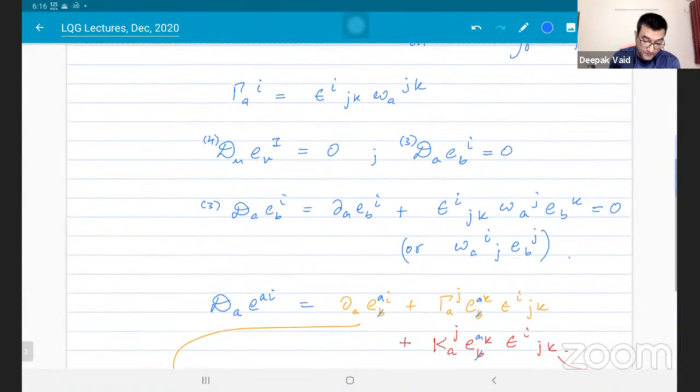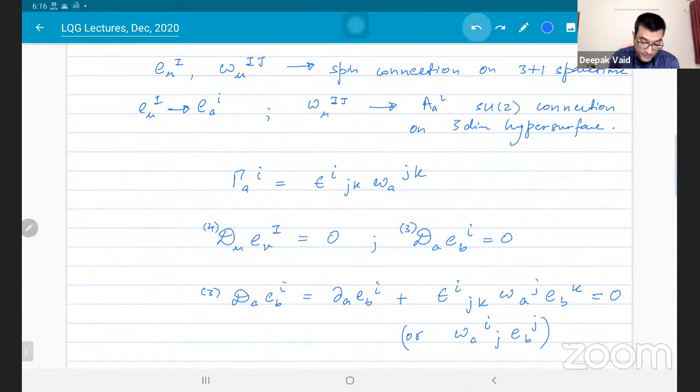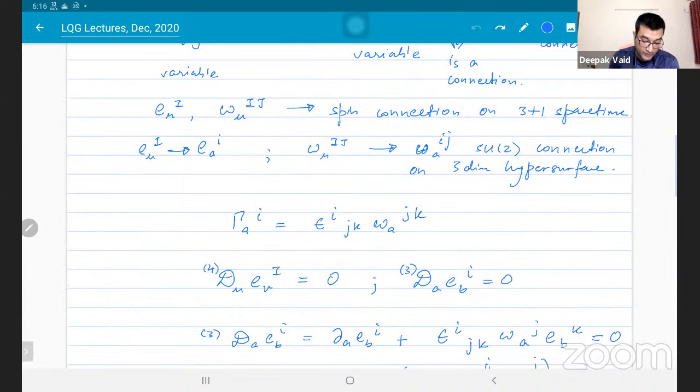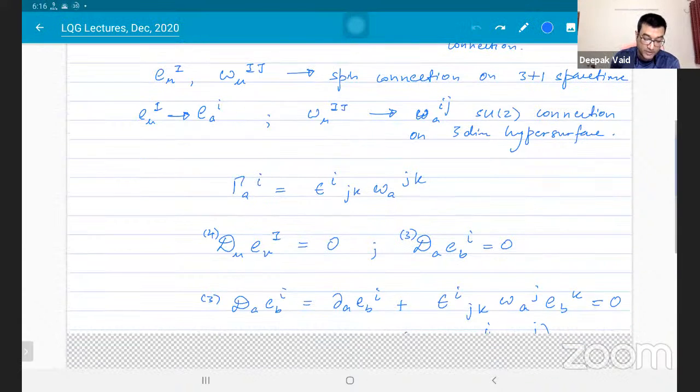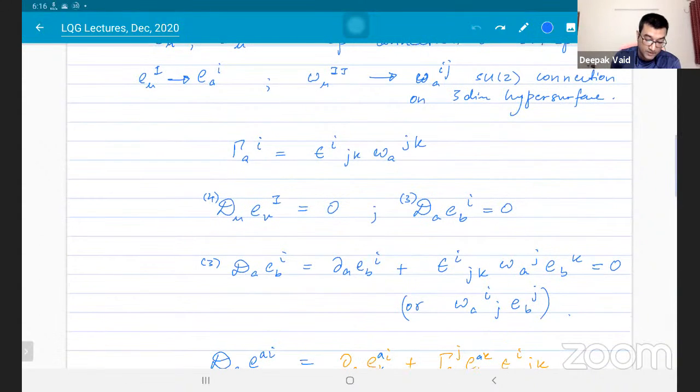No, I'm sorry, my mistake. I was explaining where this Christoffel connection comes from, or not really the Christoffel connection, it's actually the spin connection, and restricted is the pullback of the spin connection to the spatial manifold.